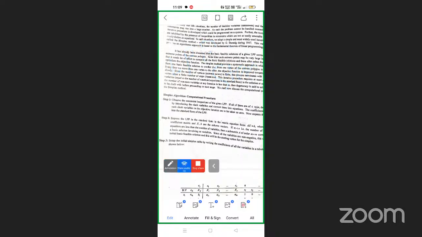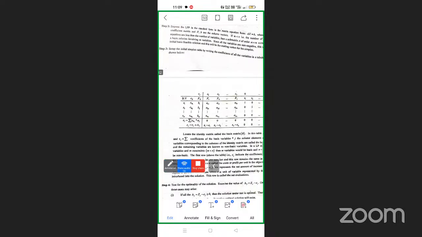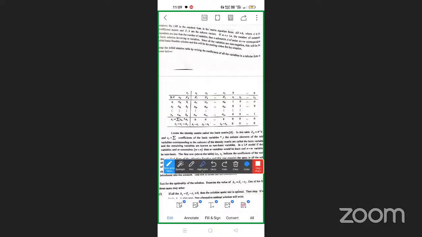So this is the simplex table, a very important table. BV is nothing but basic variables. Previously we added x4, x5, x6, so these are all basic variables.